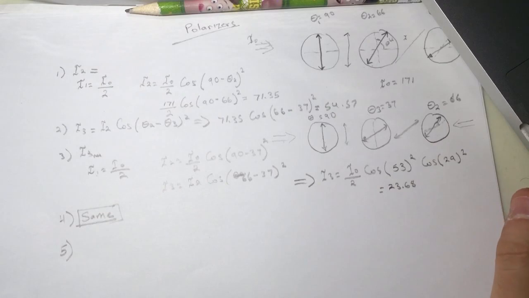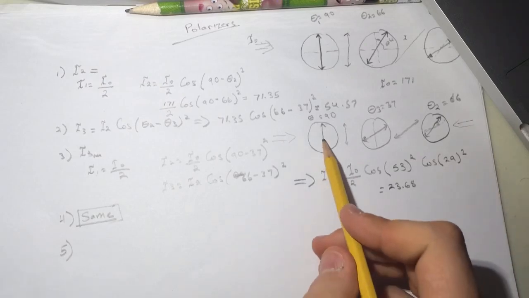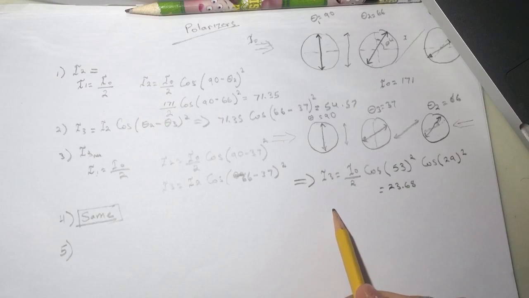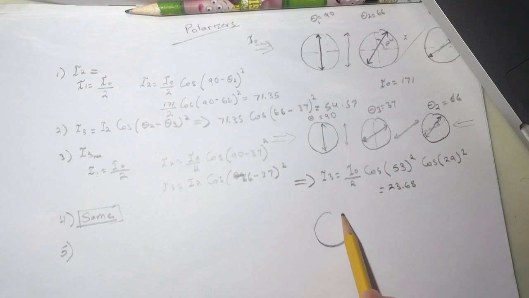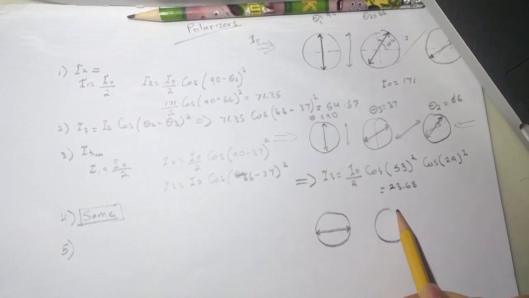Number 5 is saying, suppose now we rotate the last one. Read the question by yourself, but I'll just describe it to you. The one with the 90 degrees, they flipped it and made the angle 0.